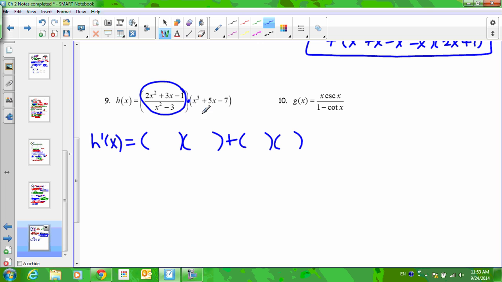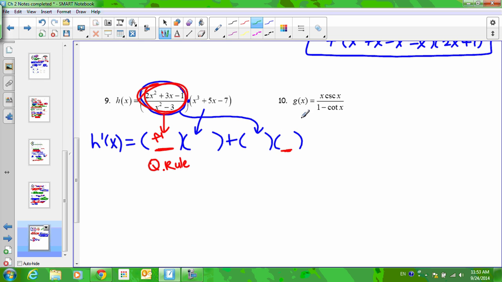Okay, and that would go there, and that would go there, and then these outside pieces would go the 2 derivatives. Okay, the hardest thing about this would be the derivative of this quotient is going to go right there at f prime. So you're going to have to do a quotient rule inside the product.